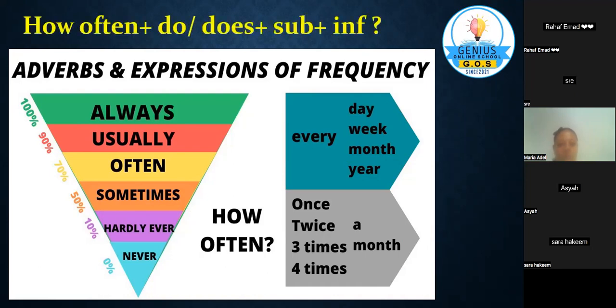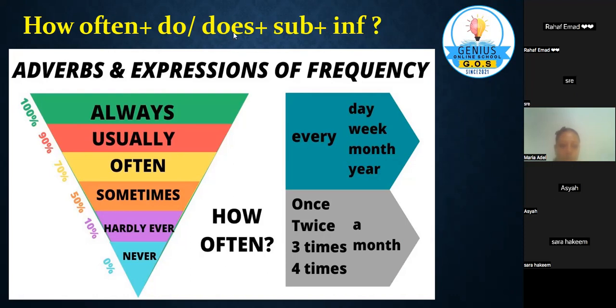Like you see here, how often, then do or does, then the subject and the infinitive form. The same question we studied yesterday, the same present simple sentence. How often do or does, if I'm asking about you, how often do you, and how often does she.